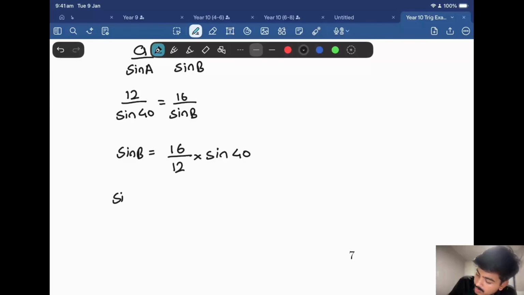Putting that into your calculator, you get 0.85. Right? So my value of B is going to be, shift sine answer, 58.99.